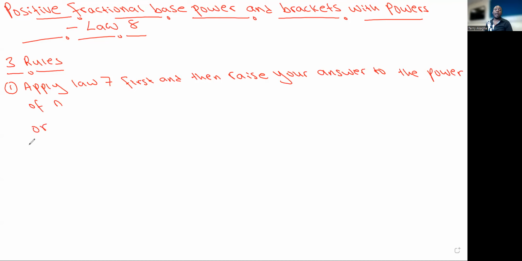Or another thing that can happen is that you multiply both powers together, then apply law 7.